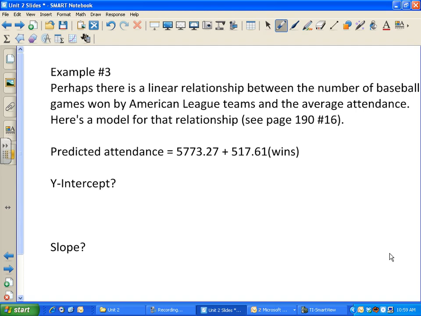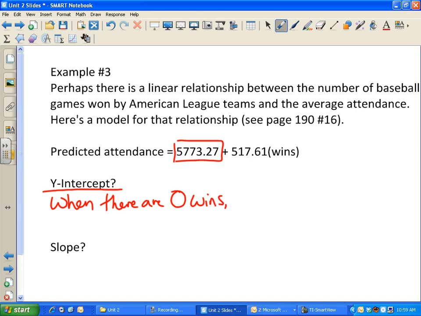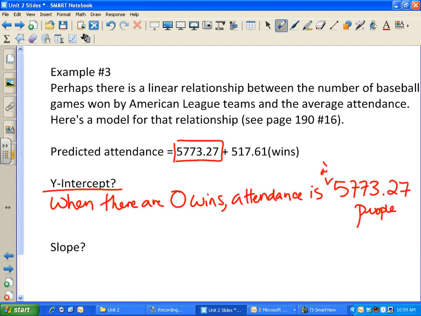So to interpret the y-intercept, remember that's this value here by itself, that's what is y when x is 0. So when x is 0, when there are 0 wins, oh, poor team has 0 wins, attendance is, well, you can't have 5,773.27 people, so I might insert a word like about, because there's not 0.27 of a person.